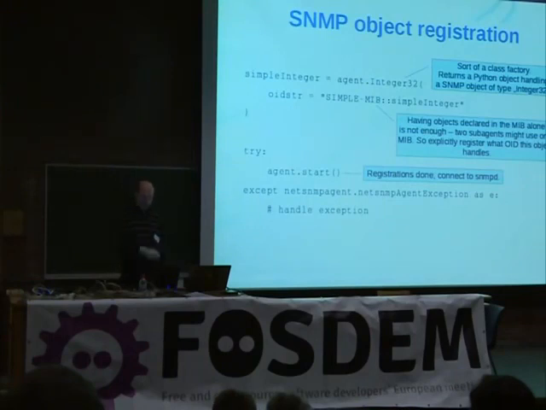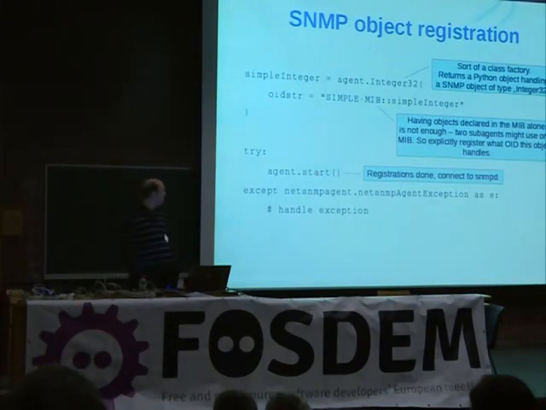So you come up with a registration. I've got sort of a class factory here for the different data types. In this case, Integer32. I thought it was unsigned, right? Whatever. And you give it the OID where this integer should be registered, inside your MIB tree.